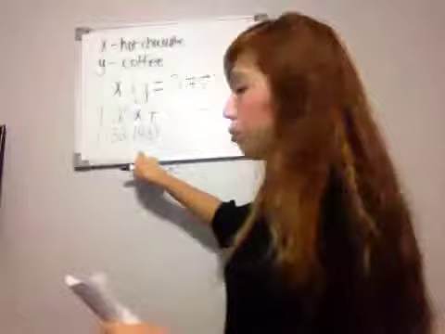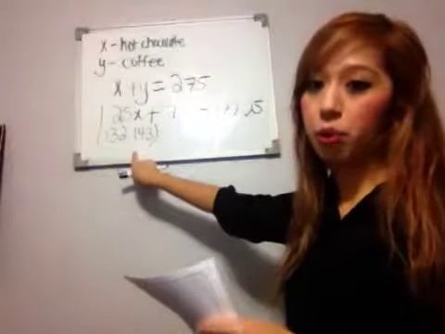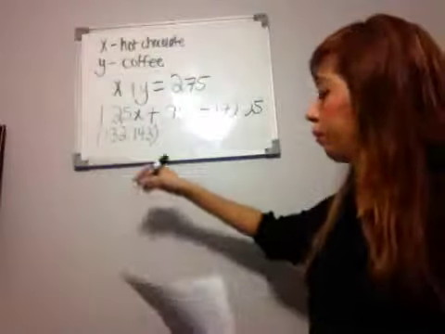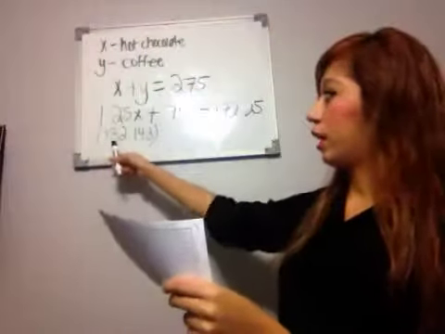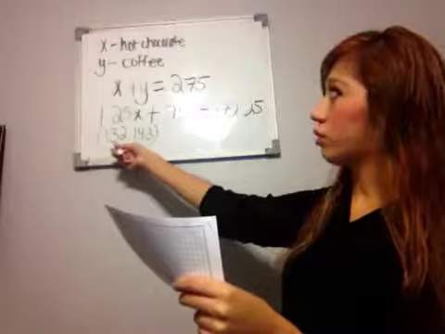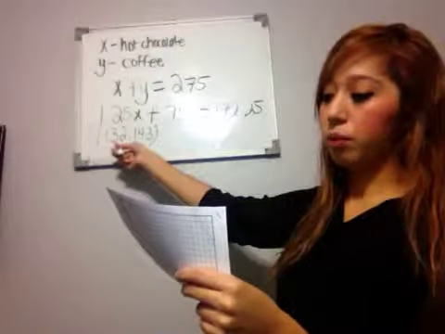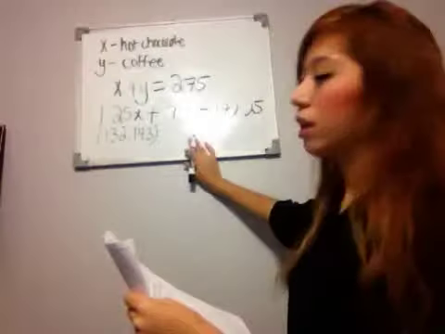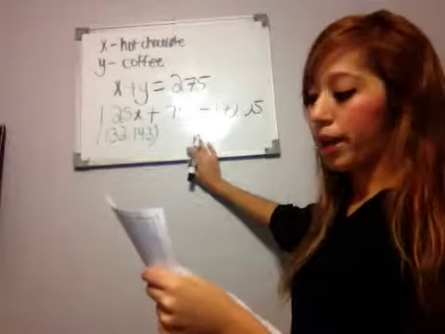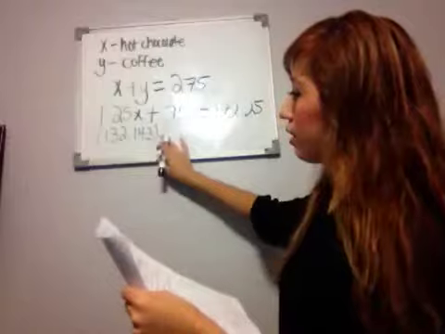That's how it gives it to you. Now, since you input the X variable first, it's telling you it sold 132 of hot chocolate. So go ahead and put it in a word format. Don't leave it as a decimal format.